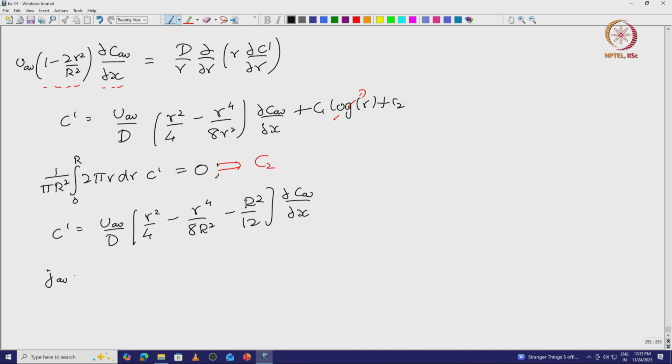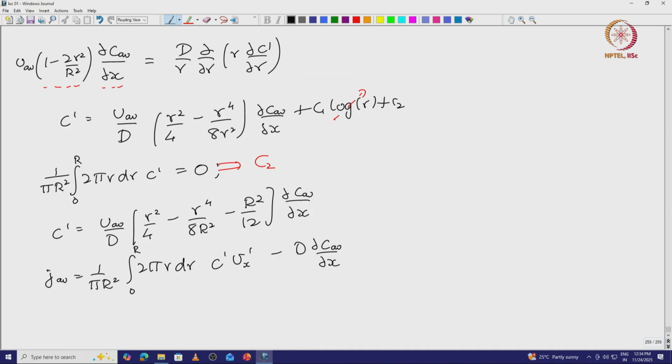J average is equal to 1 by pi R square integral 0 to R 2 pi R dr into C prime into V x prime, minus the diffusion coefficient partial C average by partial x.